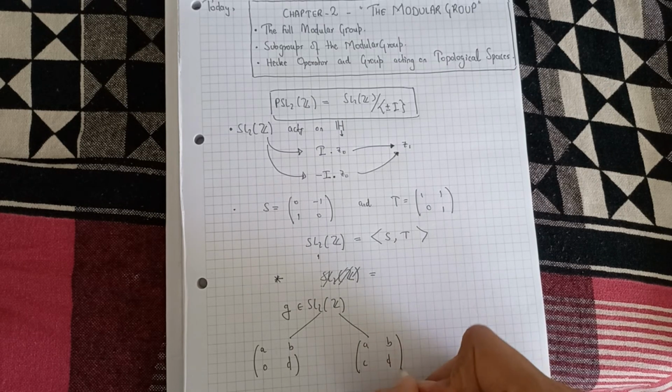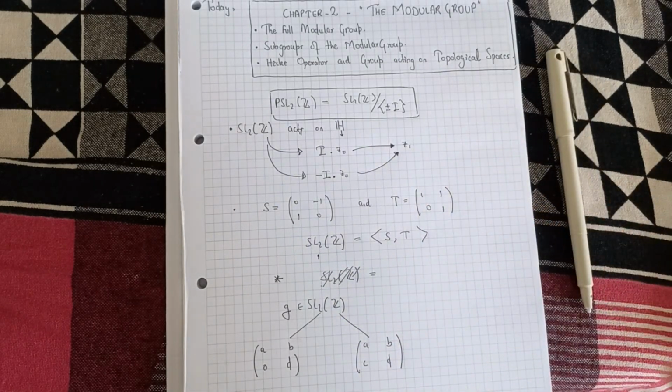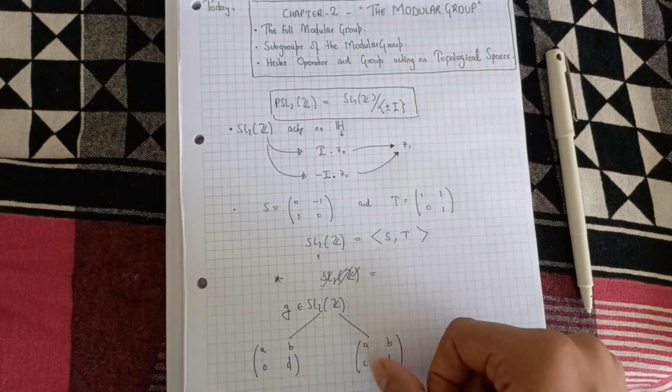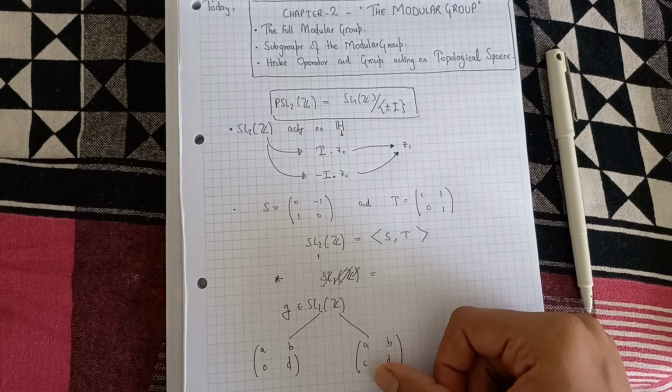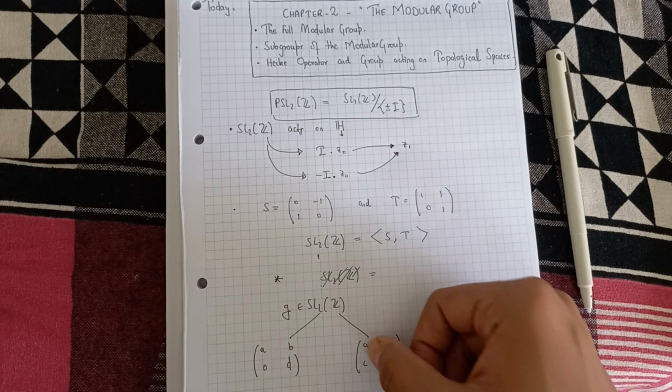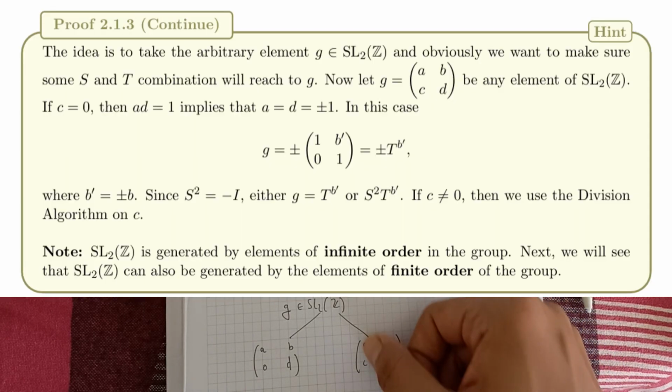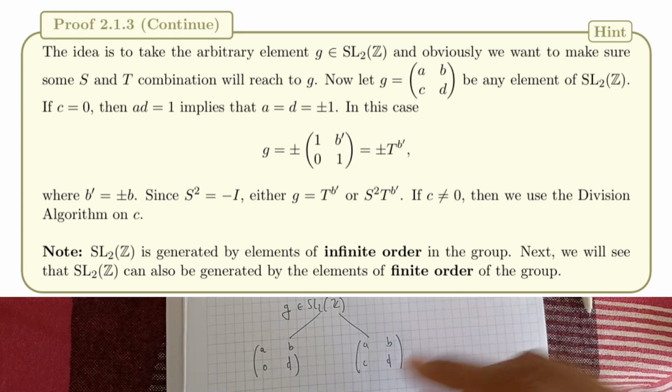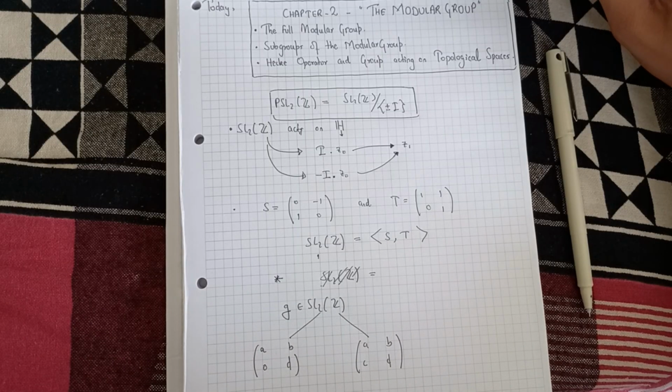In either case, for this case it's so easy, and for this case they just use the division algorithm on A and C, and they reduce this case to the other, and you are done. And that's how they are doing the proof. It's not so difficult that I need to tell you.